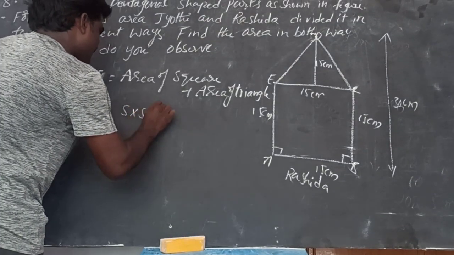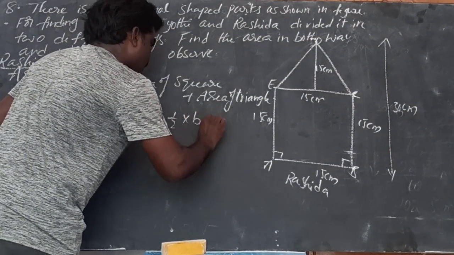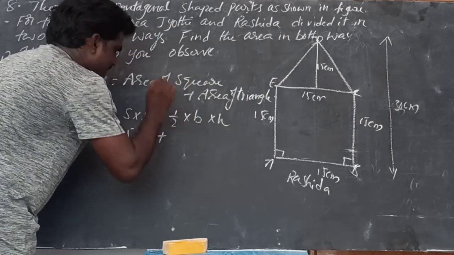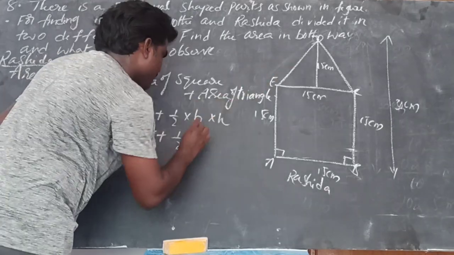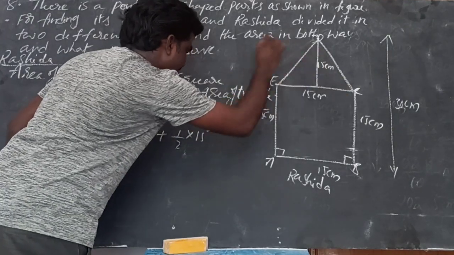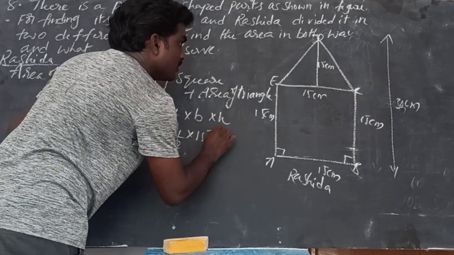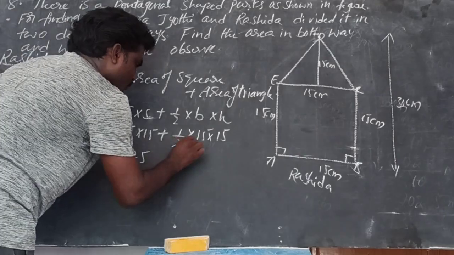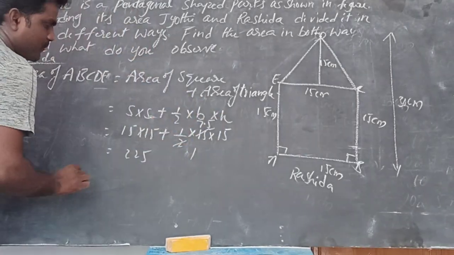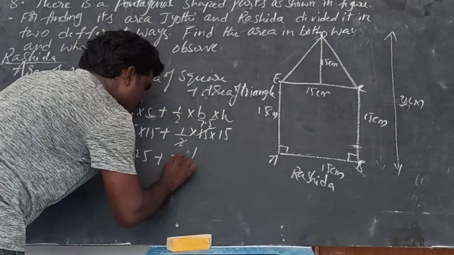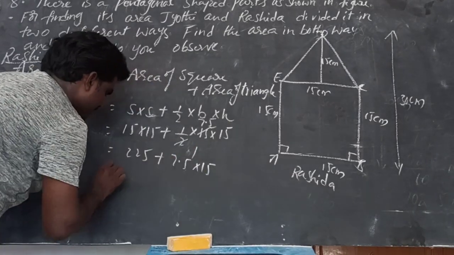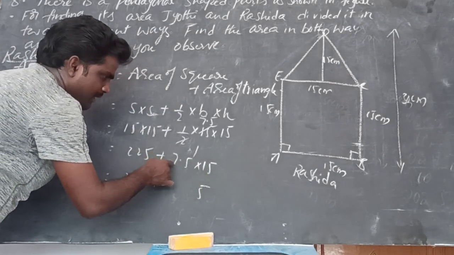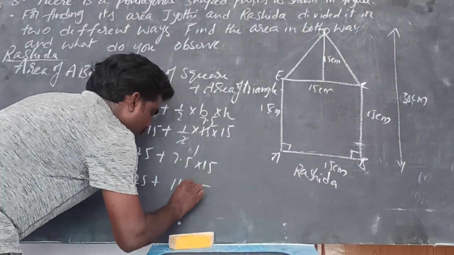So side into side, 15 into 15, plus half into base, which is 15, in this triangle this is the base, and the height is 15. So 15 15s are 225, plus 7.5 into 15: 15 5s are 75, 15 7s are 105, 105 plus 7 is 112.5.